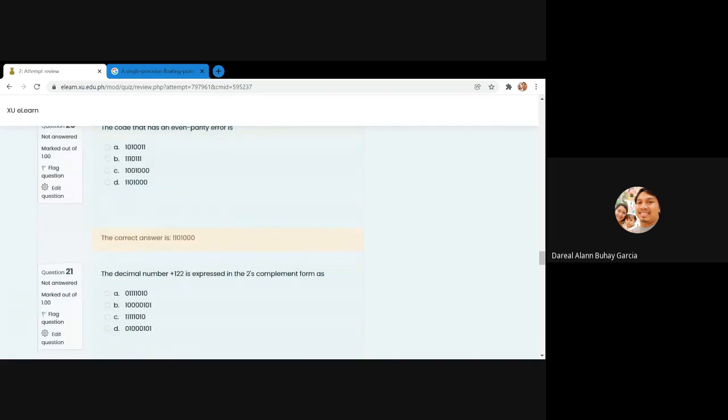The decimal number positive 122 is expressed in 2's complement form as... convert the decimal to binary. Decimal is 122, its binary is 01111010, assuming 8 bits: 1, 2, 3, 4, 5, 6, 7, 8.